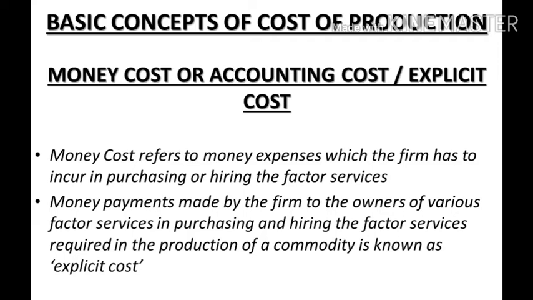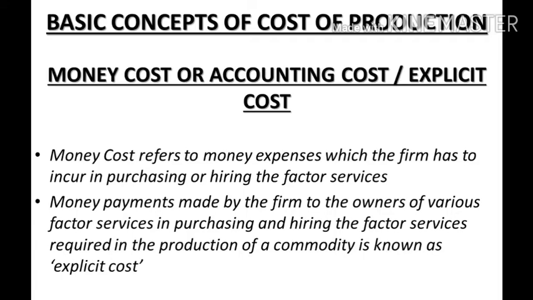So the money expenses made by the firm to the owners of various factor services in purchasing or hiring factors of production required in production of a commodity are known as explicit cost. I hope this concept of cost is clear.